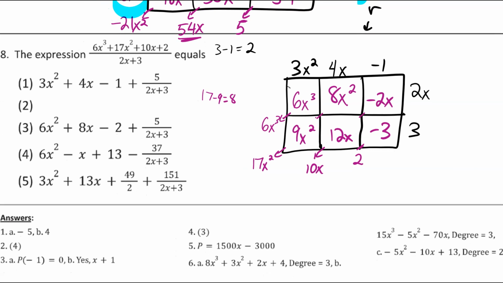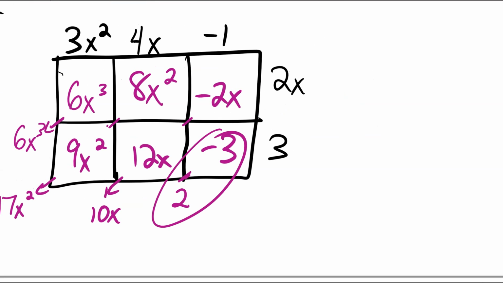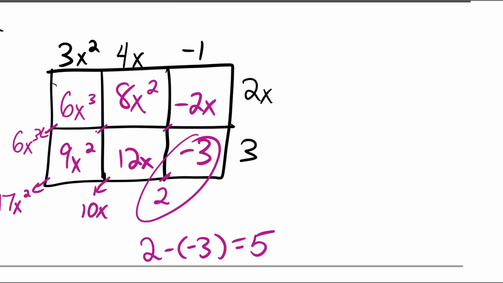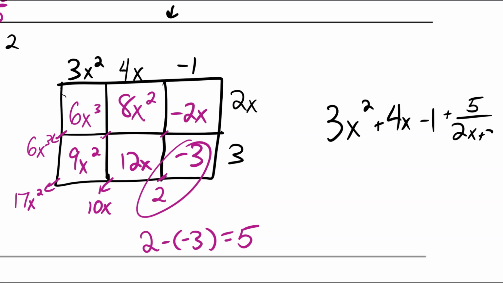Just by looking at it, I know it has to be answer choice 1 based off of what that quotient is, but to get the remainder, I could take what I want minus what I got. So my final answer would be 3x squared plus 4x minus 1 plus my remainder over my divisor.